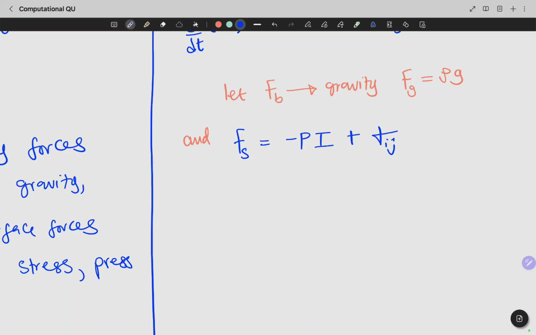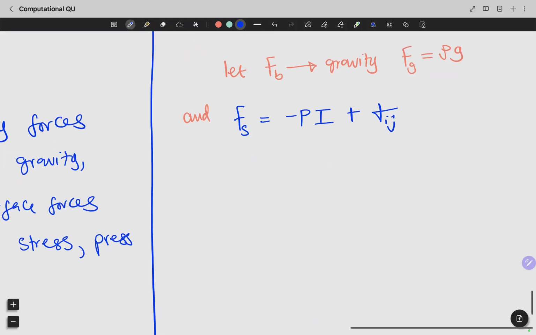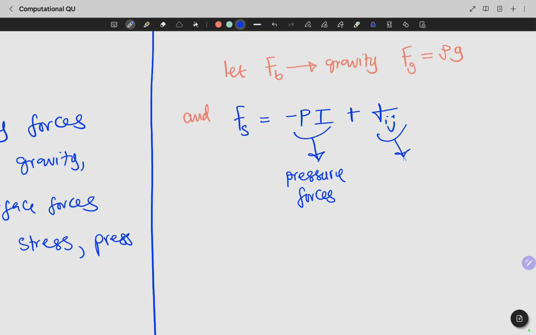So I'm using IJ because I'm looking at 2D. You can look at 3D, but to ease it, we can call this pressure forces, and we can call this stress forces, or you can call it the stress tensor.